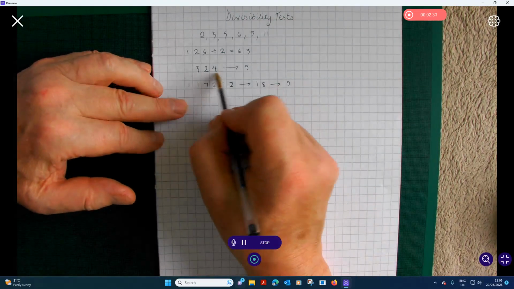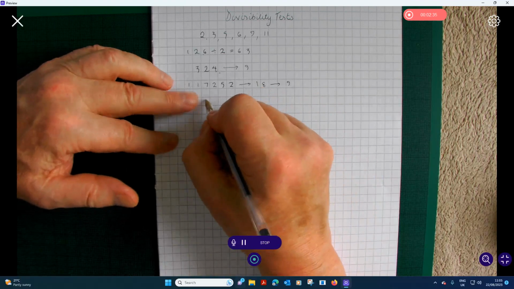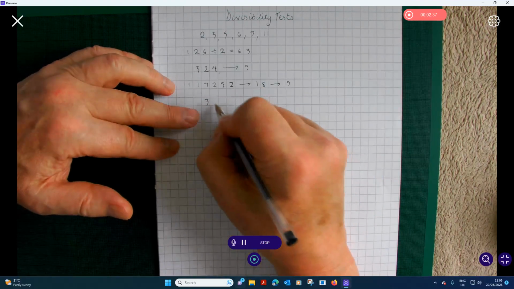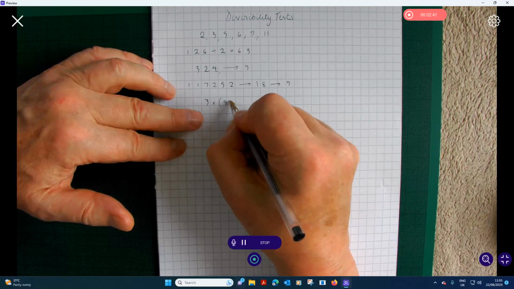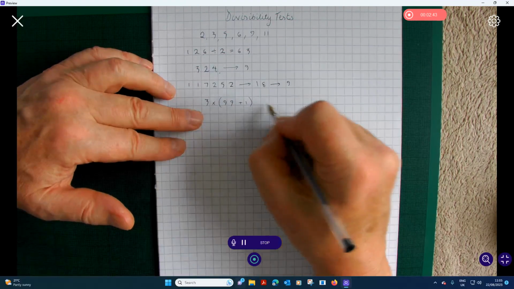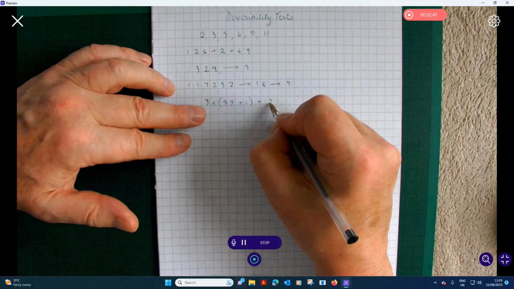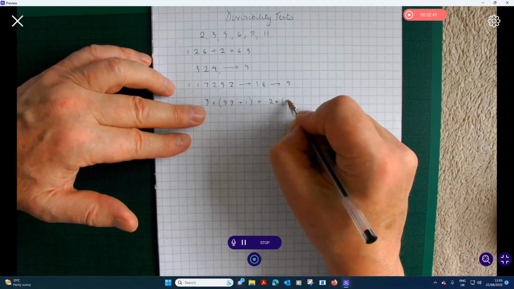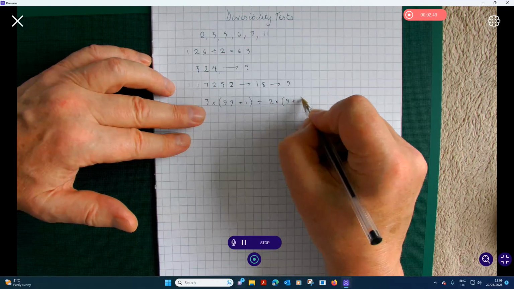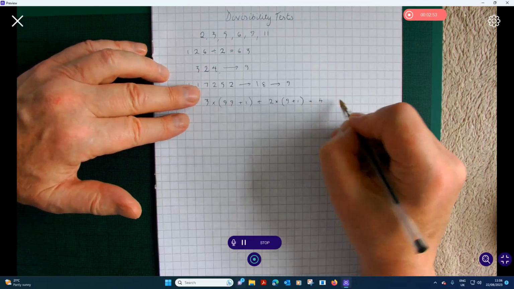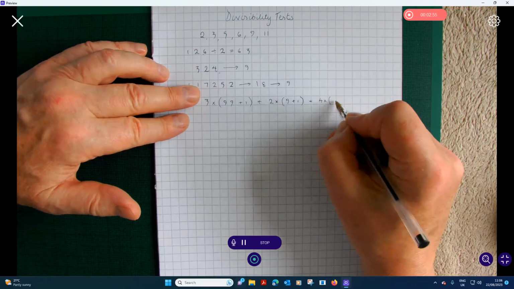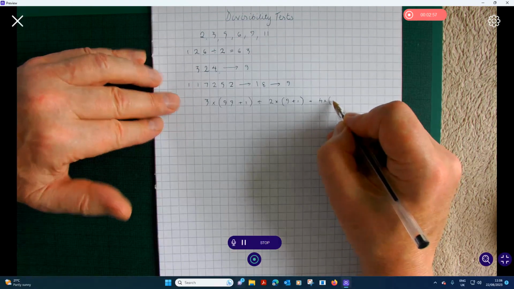We would like to know, why does this test work? Well, we've got 300, and that can be written as 99 plus 1. And we've got 20, which can be written as 2 times 9 add 1. And then we've got 4, which for the sake of the pattern I suppose we could write as 4 times 1.